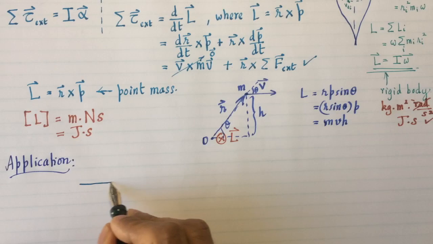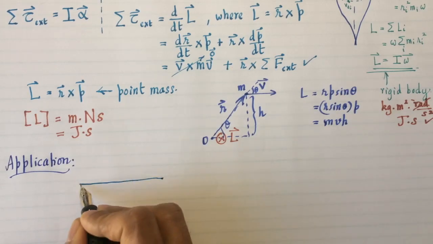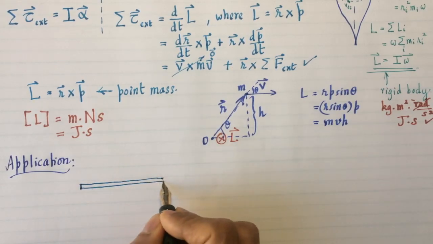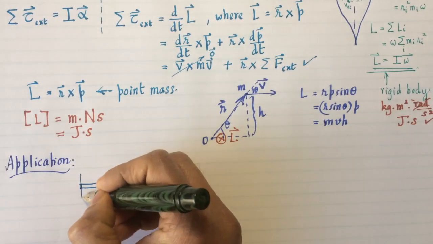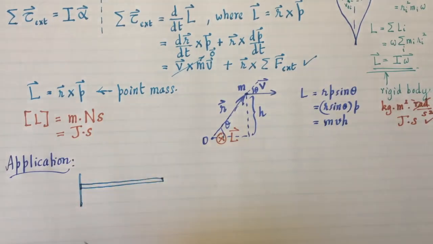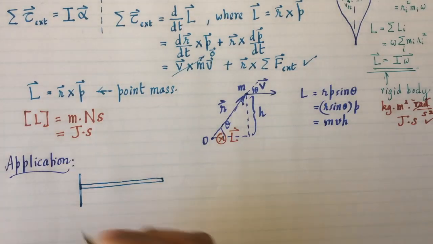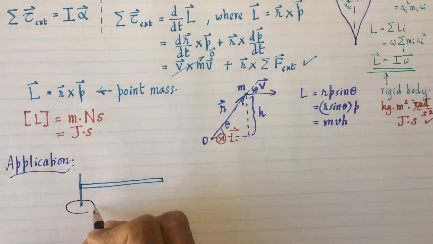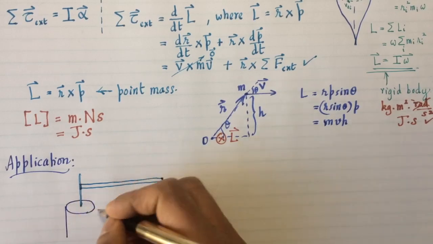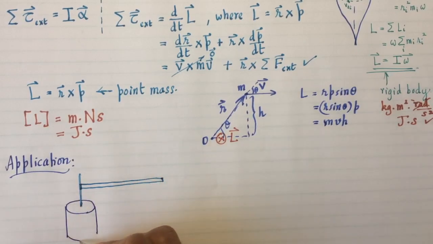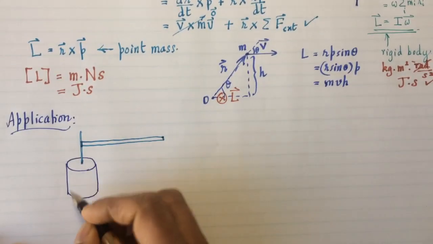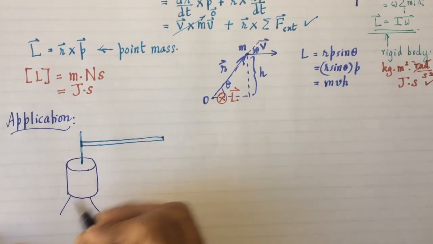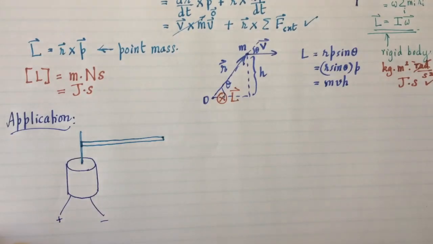So let me take a uniform rod and pivot it to the axle of a motor. So here I have a direct current motor that you are supposed to feed a certain amount of electricity to using these wires. I call it plus and minus.